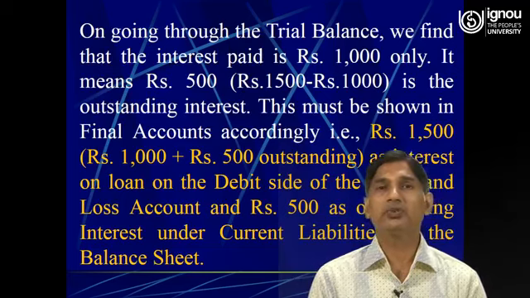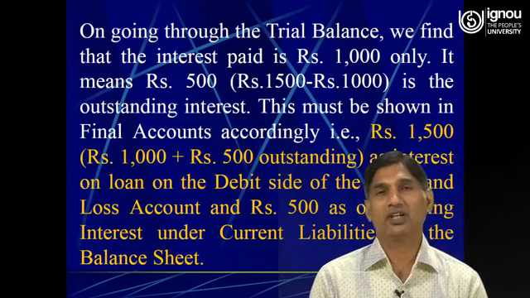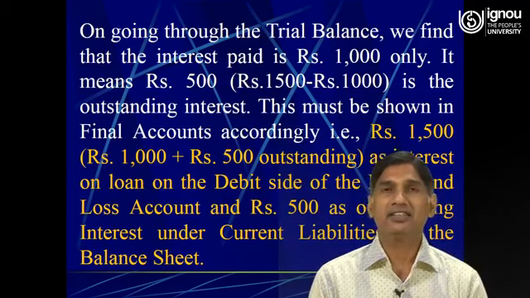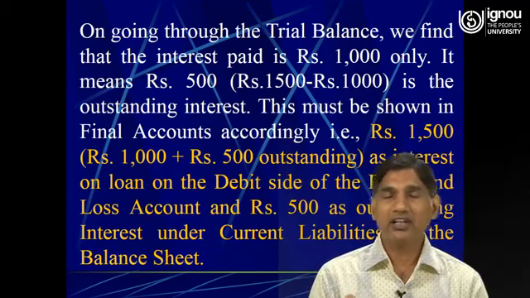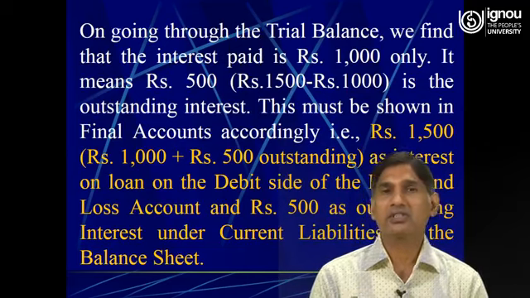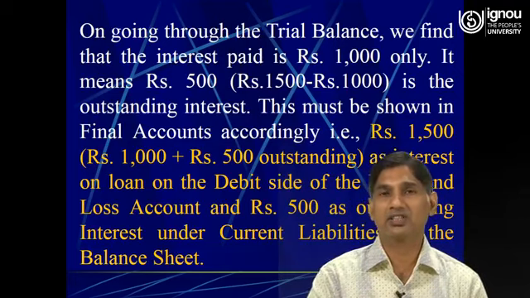On going through the trial balance, we find that the interest paid is rupees 1000. It means that the interest of rupees 500 is the outstanding interest, because for the current financial year the amount of interest on loan comes out to be 1500 rupees as we have worked out just now.